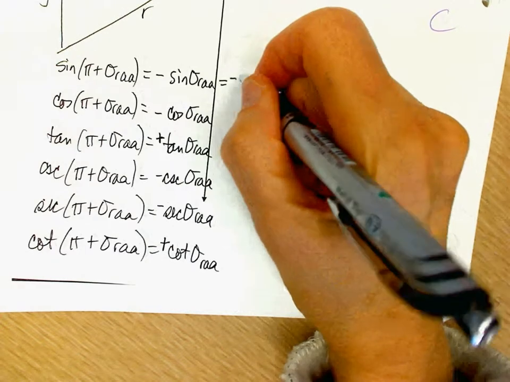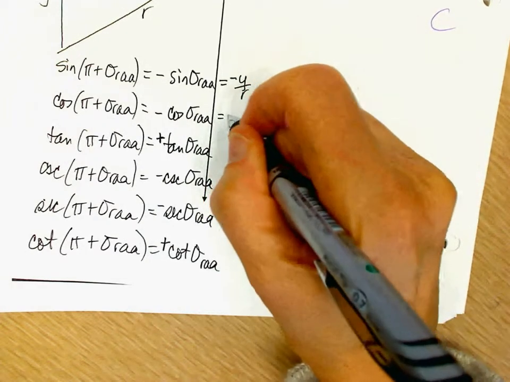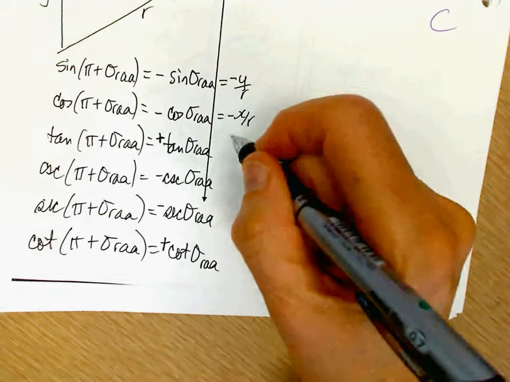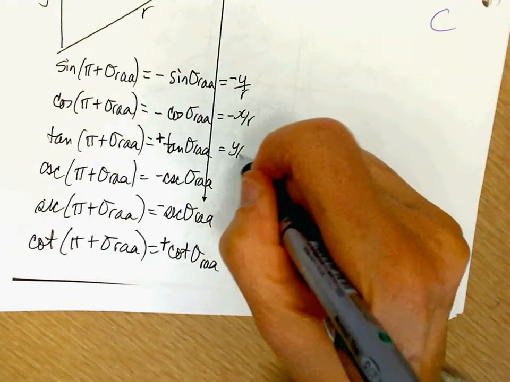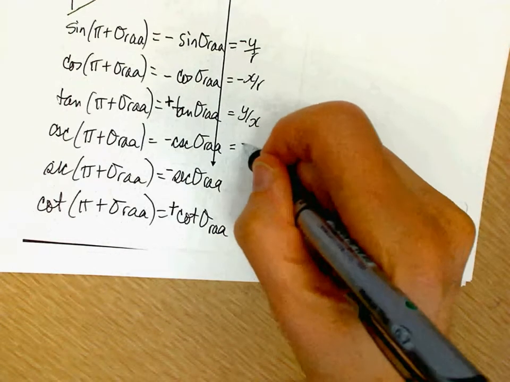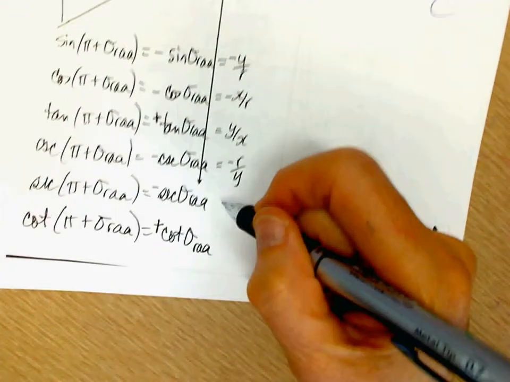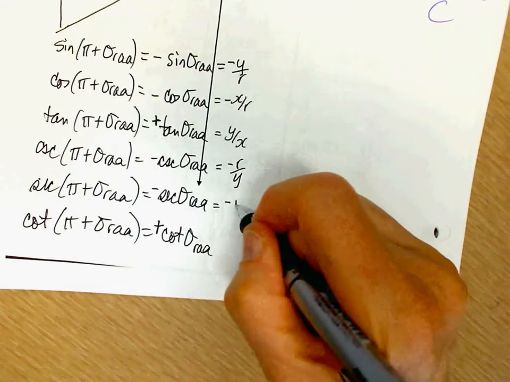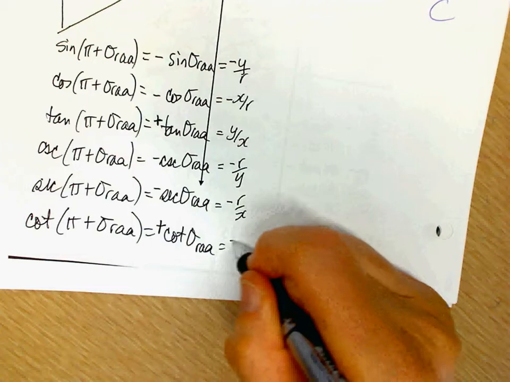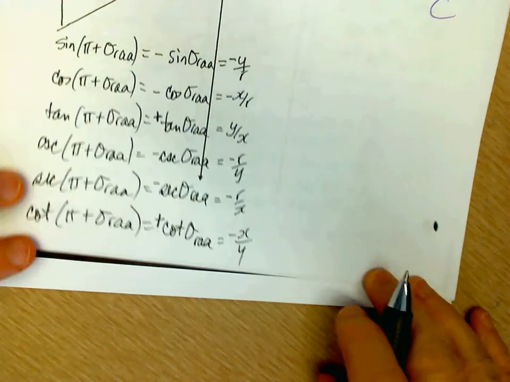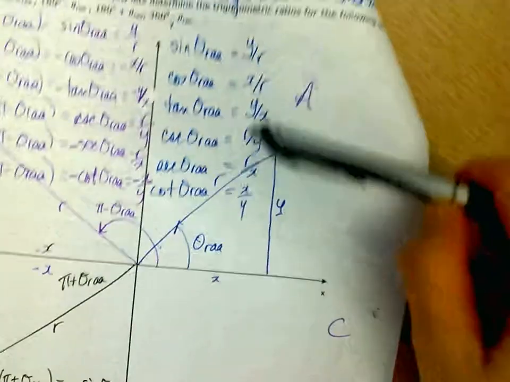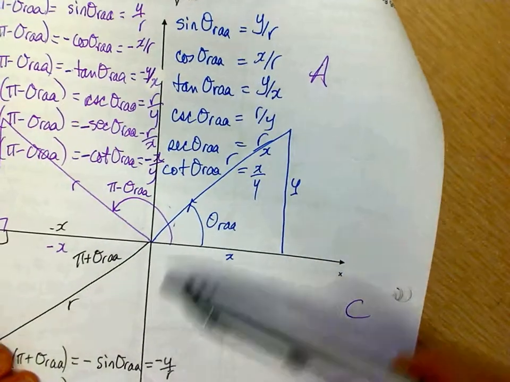This will be positive y over x, negative r over y, negative r over x, and positive x over y. They're all related to these ones up here. You relate these to this, and the only difference is the sign of the ratio.